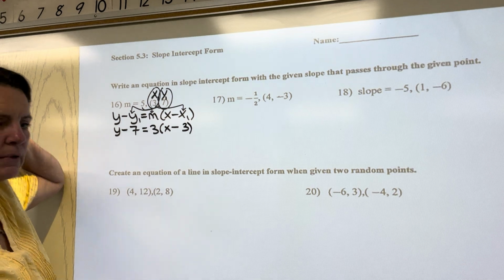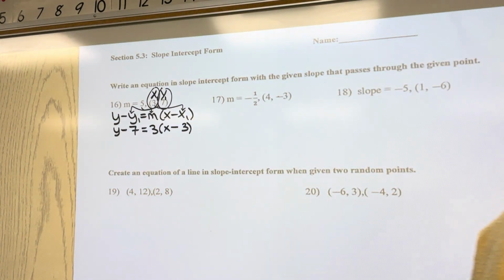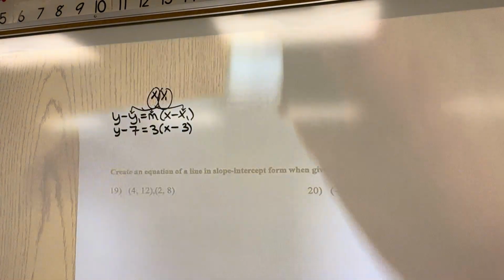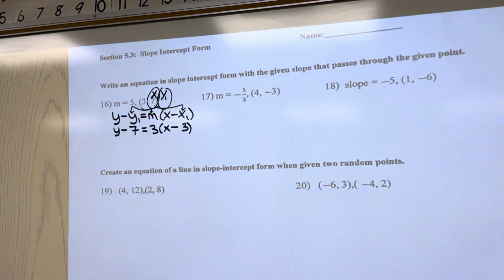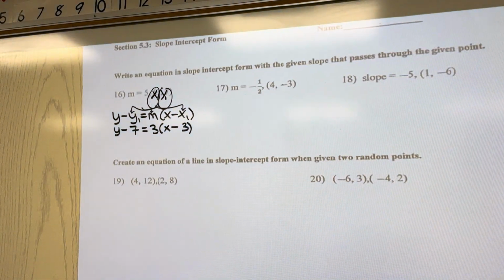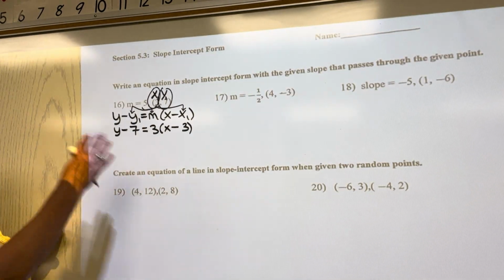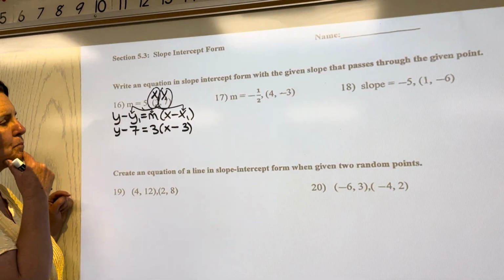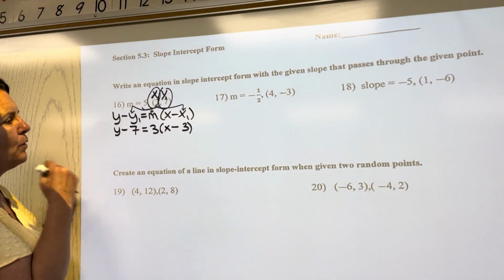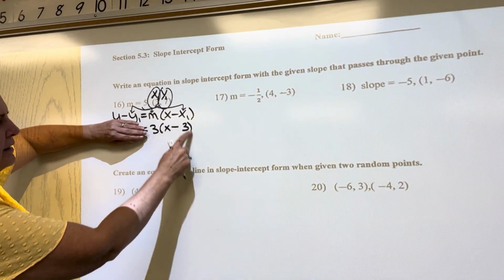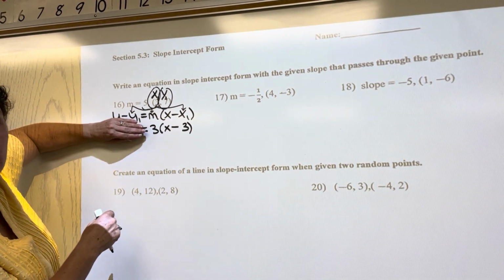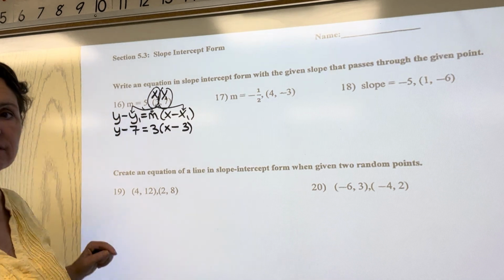That's awesome. Now what we're going to do is, let me make sure this is the notes. Yes, it's the notes. Okay, let's check it. I panicked a little bit. We're going to have to simplify this a bit. How could we do that? Well, if I look at this side, it looks like we could distribute. What does distribute mean, Mrs. Miller?